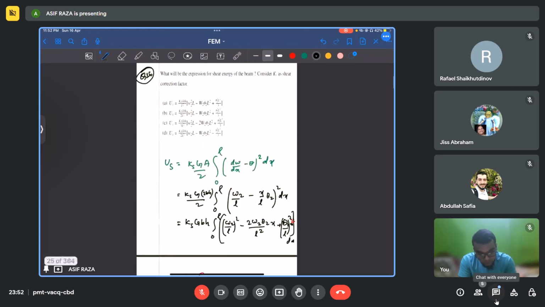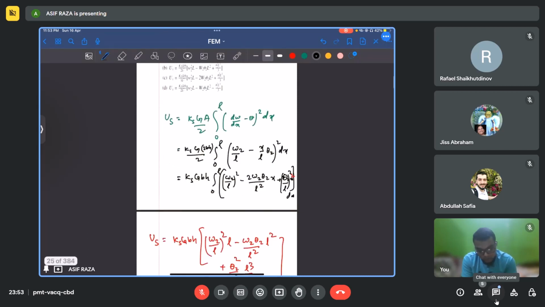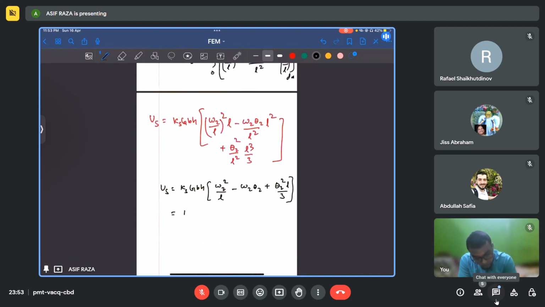So I can make this Ks G B H by L square times W2 square L minus W2 theta2 L square plus theta2 square L cube by 3.